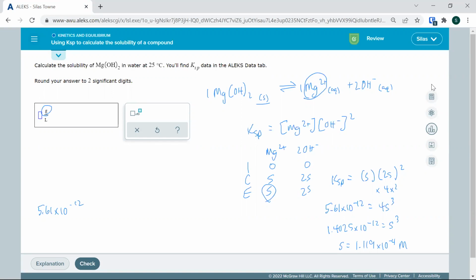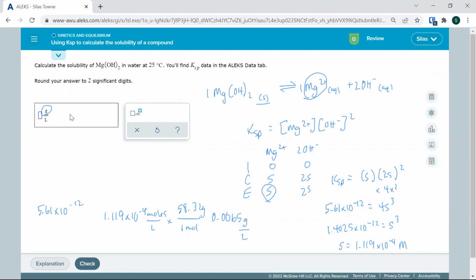We can multiply it by our molar mass: moles per liter times how many grams? We got 58.32 grams. So we get 0.0065 grams per liter. So not a lot can go in there and be soluble.